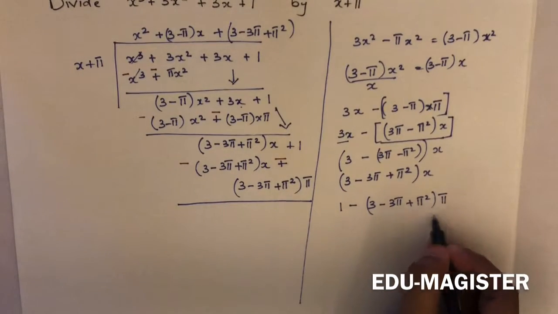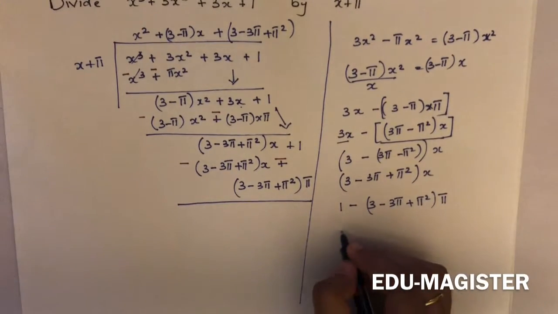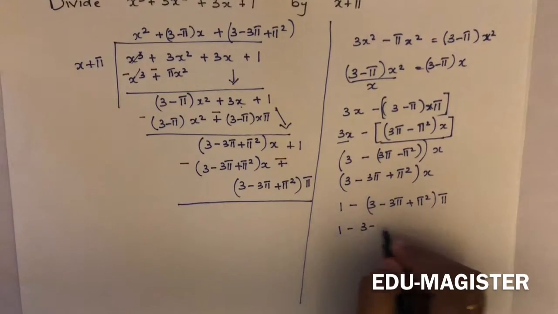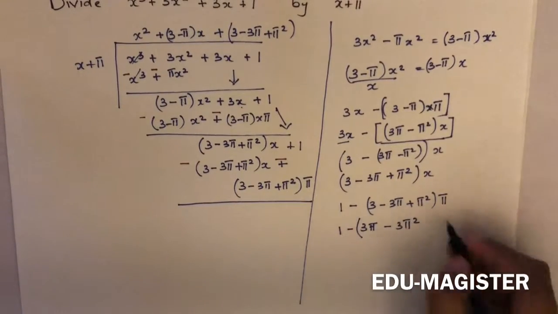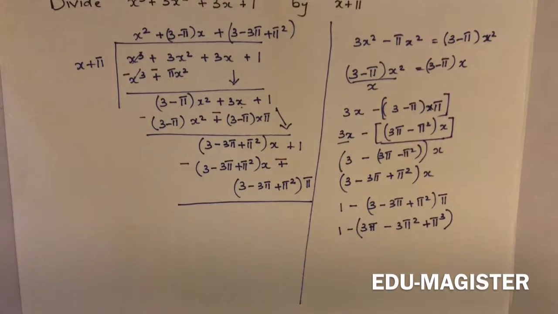Let me bring the pi inside the bracket first. 1 minus 3 pi minus 3 pi square plus pi cube, bracket close.